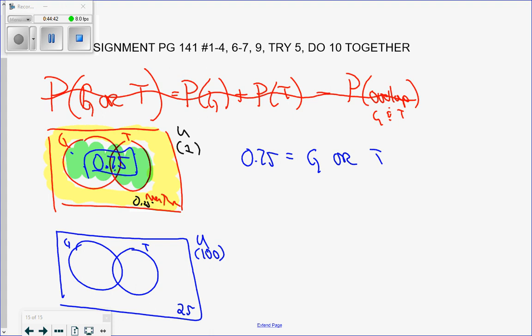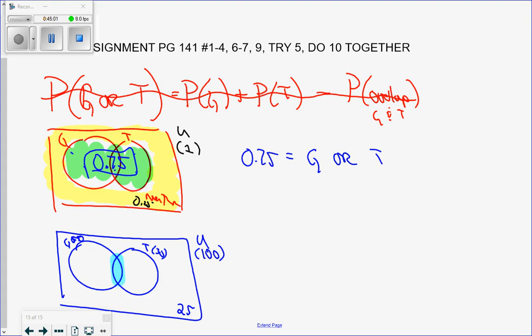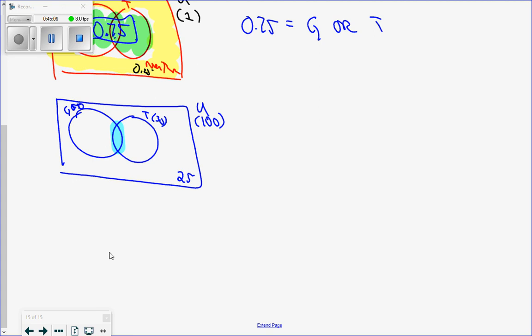Okay. How big is my golf bubble? My golf bubble is 0.5, or 50, sorry. My tennis bubble is 30. Now, what we are looking for is this thing right here. So if you remember back to set theory, you put an X here, and you work your way out. So we would go 50 minus X, and this one would be 30 minus X.